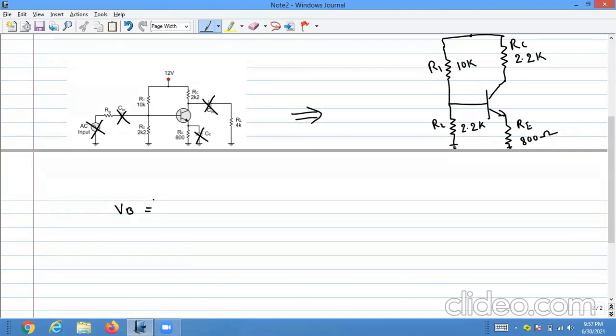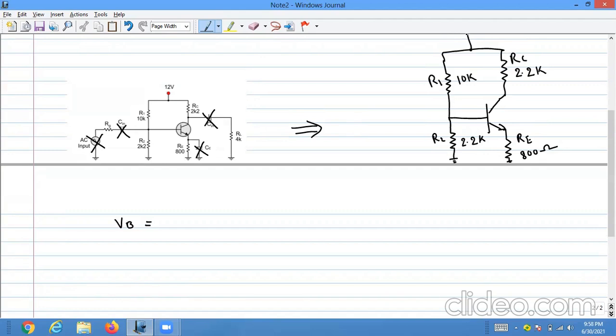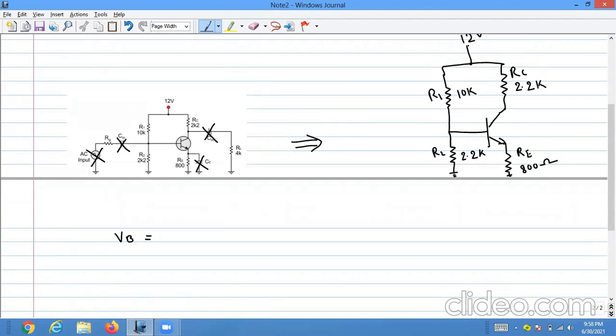Here we are applying VCC voltage, 12 volt, at this point, and two resistors are there. I will just draw that circuit.